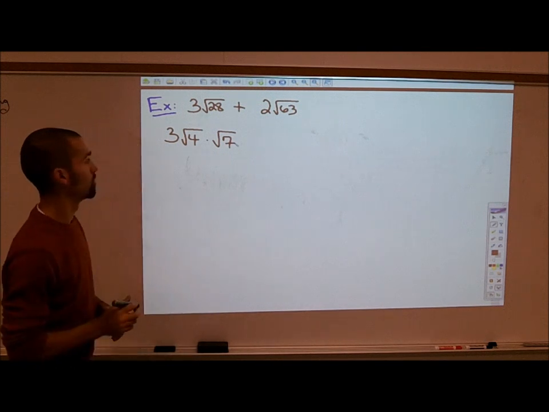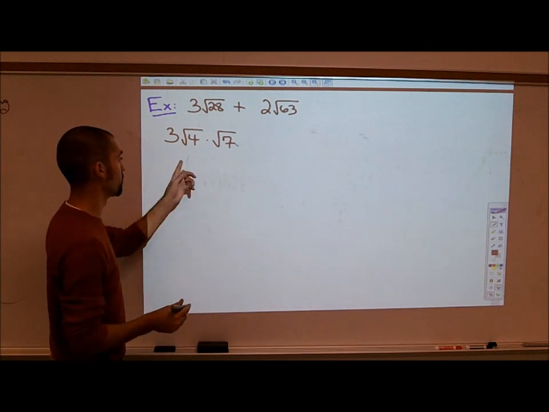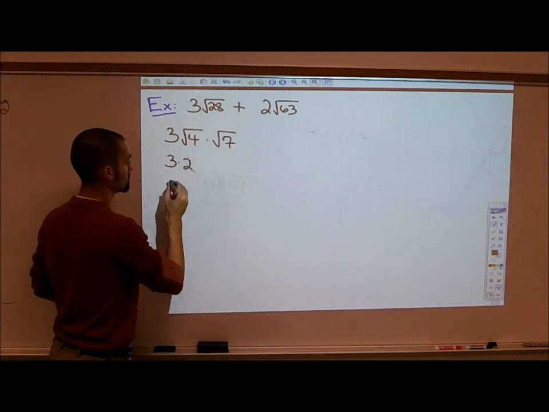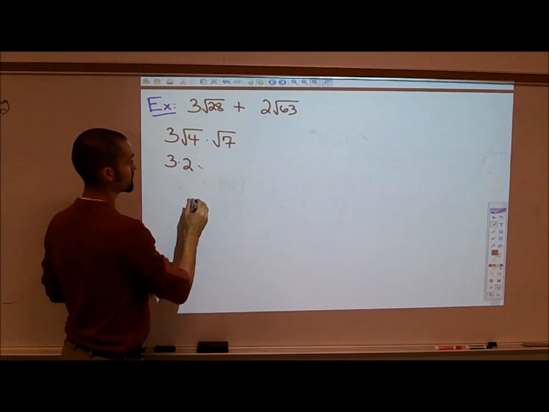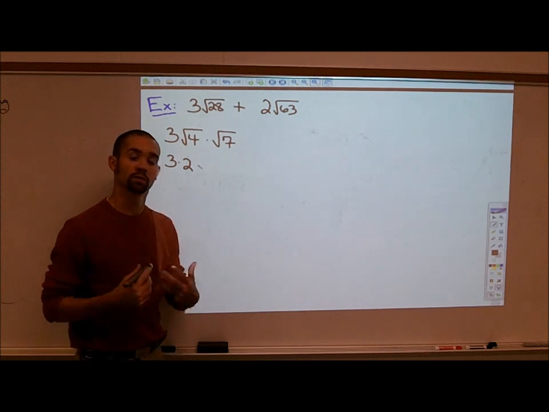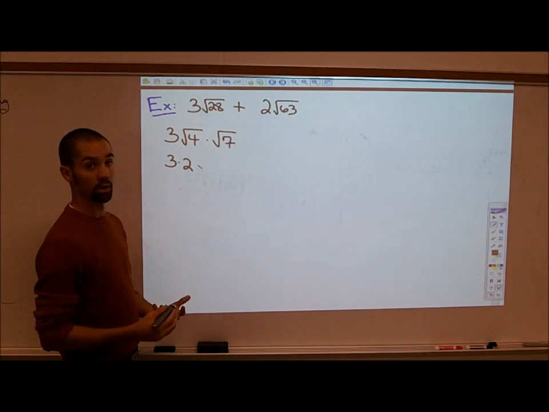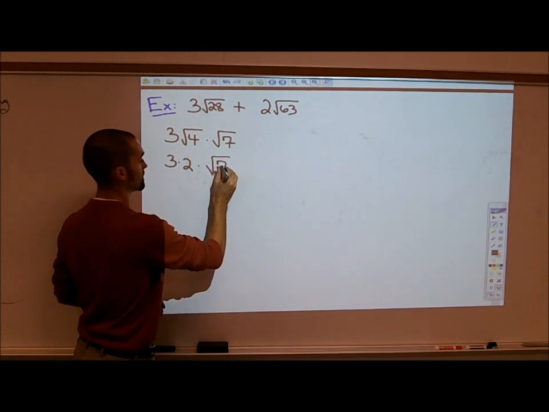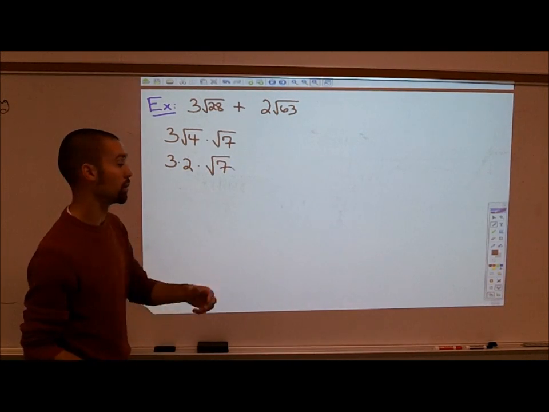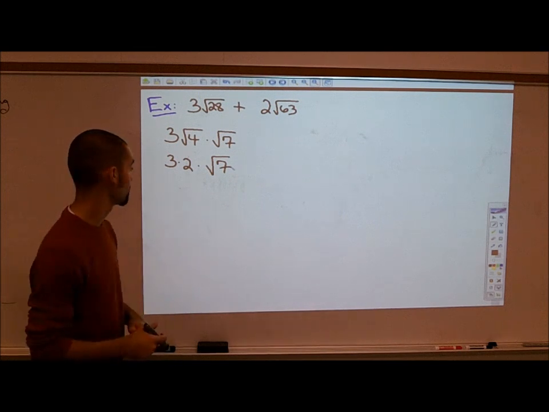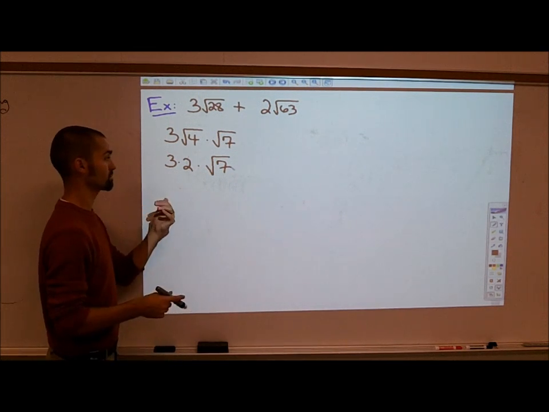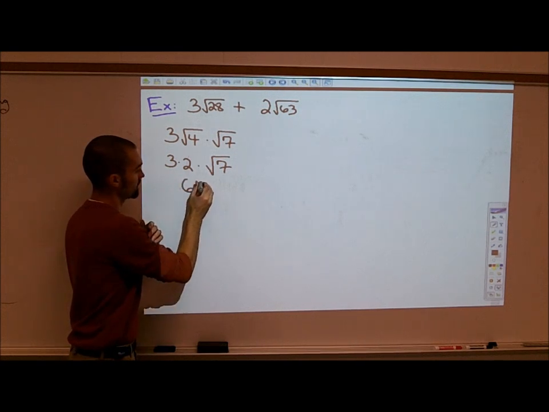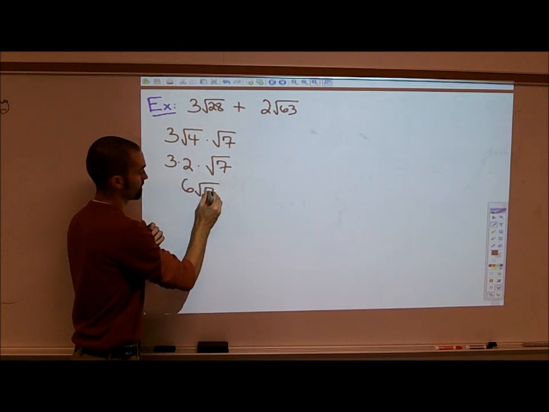Alright. Well, if we take the square root of 4, you bet. It becomes 3 times 2 times, well, can I take the square root of 7? No. So we bring it down. 7 is neither a perfect square nor a perfect square that goes into 7. Okay? So 3 times 2, that's 6 times the square root of 7.